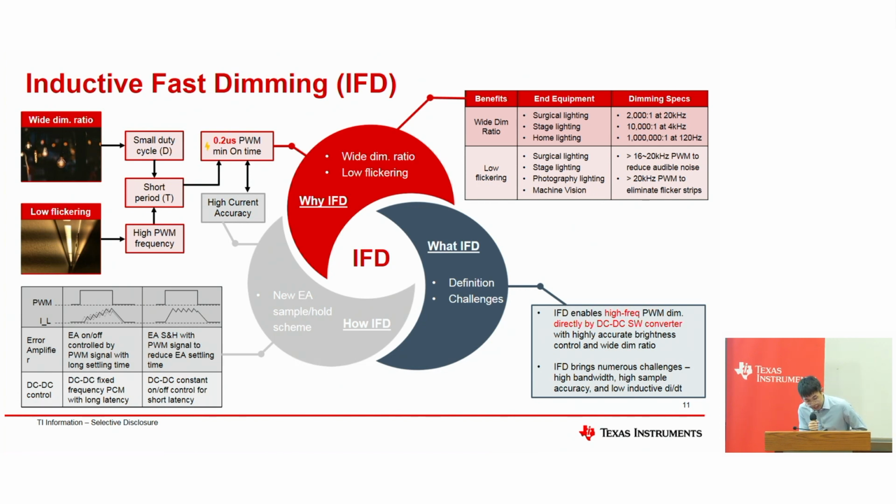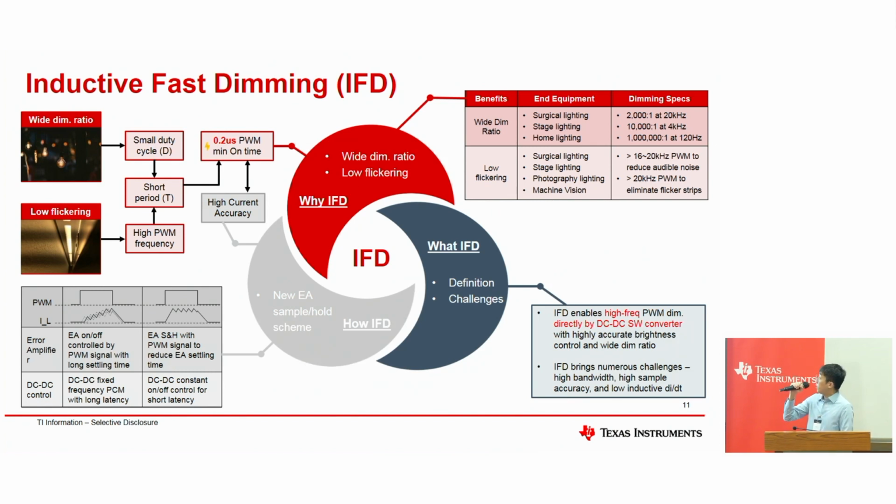The first one is the wide dimming ratios, so the high-bright to low-bright contrast is very clear. The second one is low flickering and less audible noise, which can be caused by a low PWM dimming frequency. So we are improving the PWM frequency up to 20 kHz or above to avoid 100% of these flickering issues.